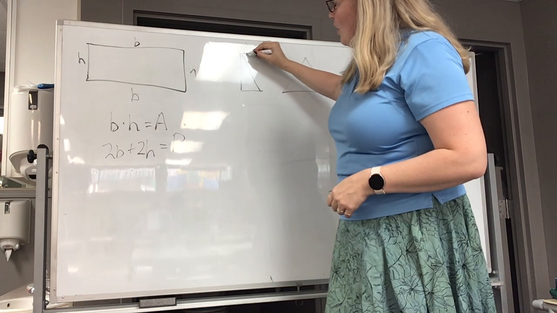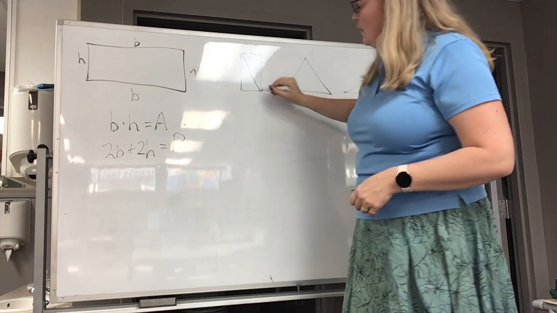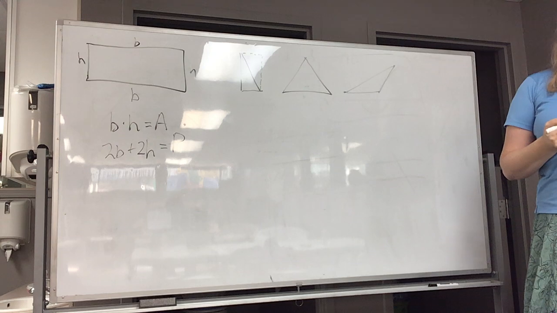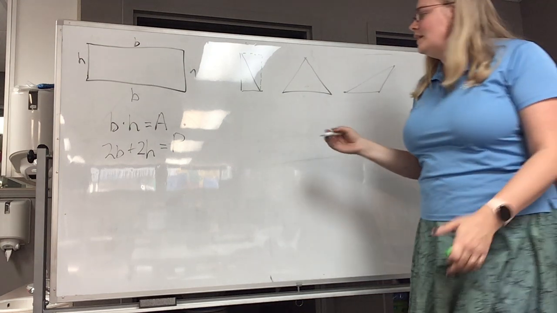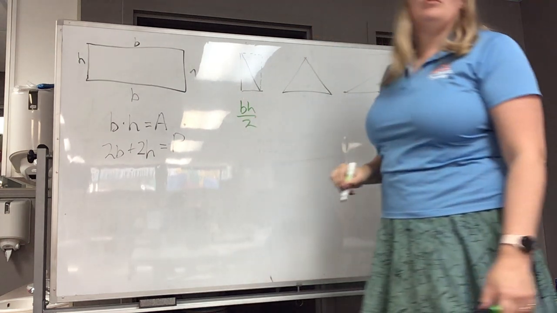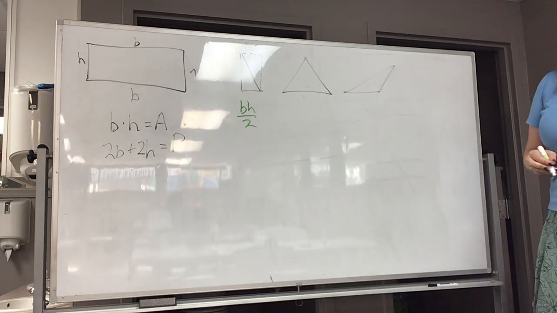This triangle is literally half of that rectangle. And so the right triangle, it's really easy to see that this is base times height divided by 2, or 1/2 base times height.